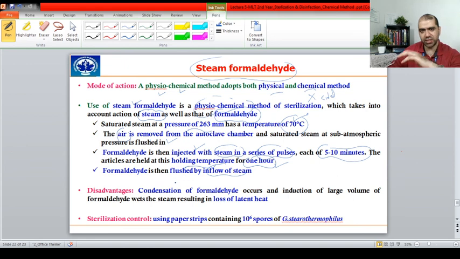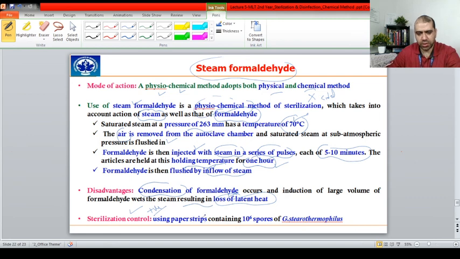The disadvantage of using this physiochemical method is that condensation of formaldehyde can take place, and this can produce a large induction of formaldehyde that wets the steam, resulting in loss of latent heat. When you talk of heat, this is a physical method, so if you lose this heat because of this condensation, it will not work. Another thing is, you can use a positive control to check whether your sterilization is complete or not.